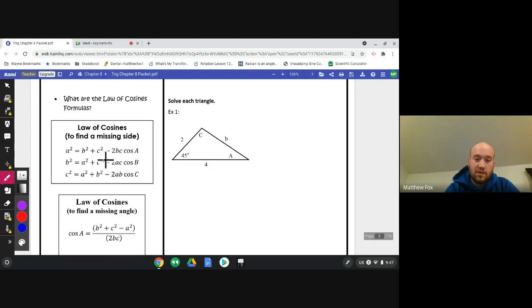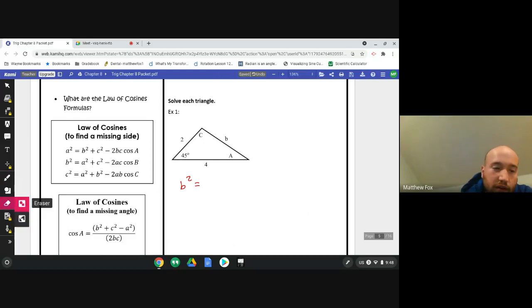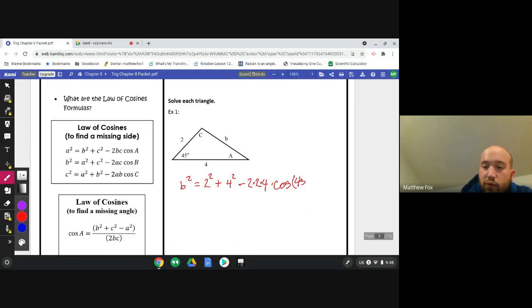We're trying to find b, so we'll use b squared. b squared will be equal to, now little a is 2, so 2 squared, plus c squared, which is 4, so 4 squared, and then minus 2 times a times c. So 2 times 2 times 4 times the cosine of angle B, which in our case is 45 degrees.